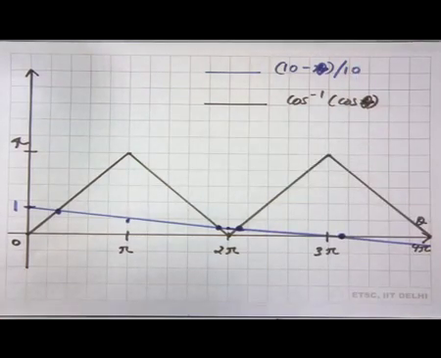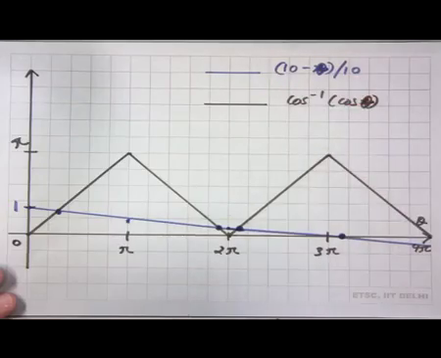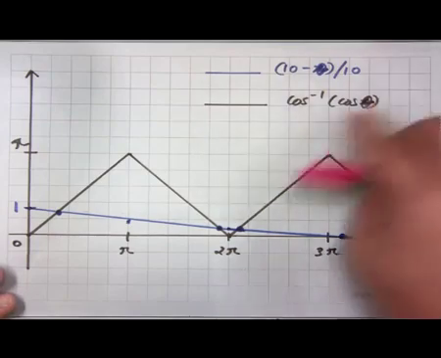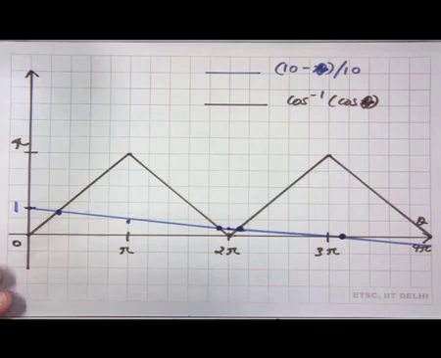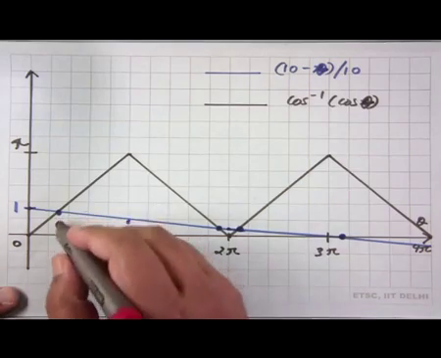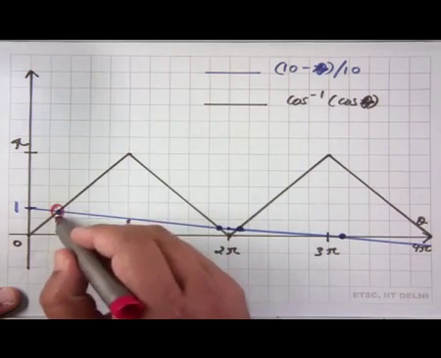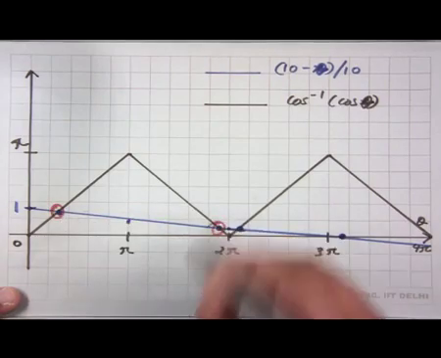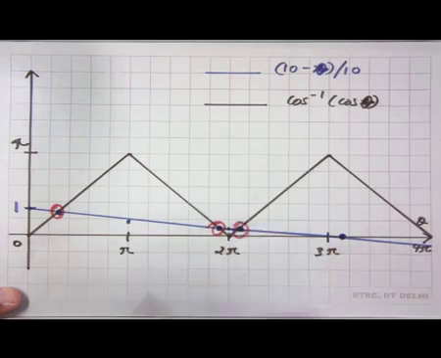And we see that since we were asked to find all those values of theta for which these two functions take the same value, or for which cos inverse cos theta equals (10 minus theta) over 10, that is what was being asked, and it is very clear from the graph that both these curves intersect first over here, then the second time they intersect here, and then the third time they intersect here.